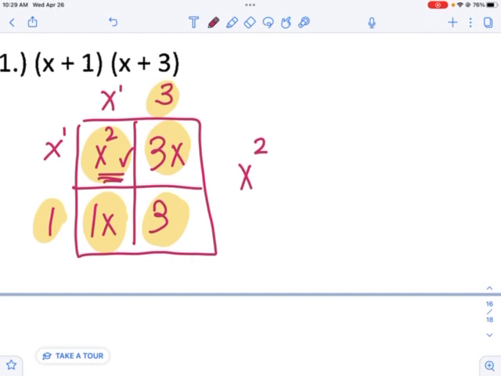Then I'm going to look at any like terms. Well, I have 1x here and 3x there. Well, when I combine them, I have 4x. Okay, some people like to circle them. And then there's nothing to combine with 3, so I'm just going to write plus 3. So there's my final answer. I have x squared plus 4x plus 3.